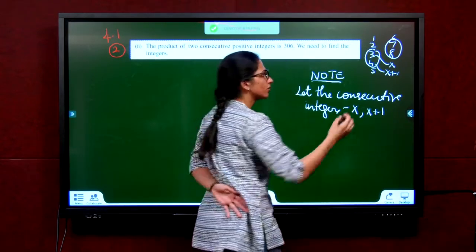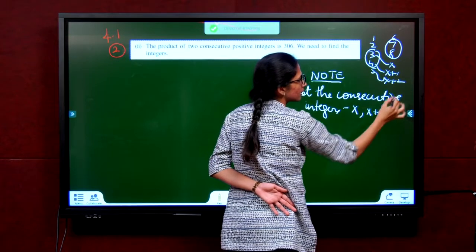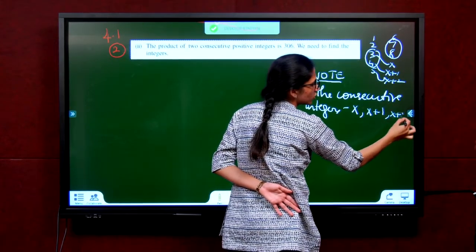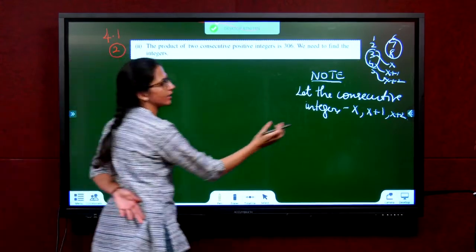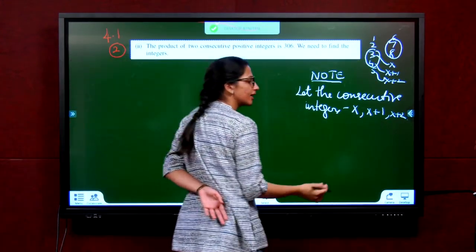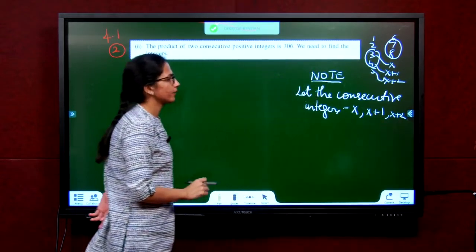If there is one more, from 3 how to go to 5? x plus 2, and so on. So if they ask two integers, then you take x and x plus 1. If they ask 3 integers, then you take x, x plus 1, x plus 2 and so on.